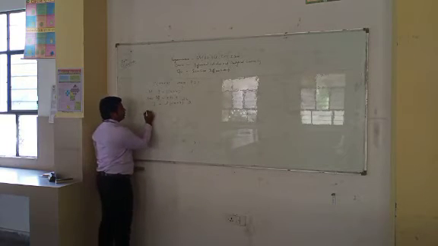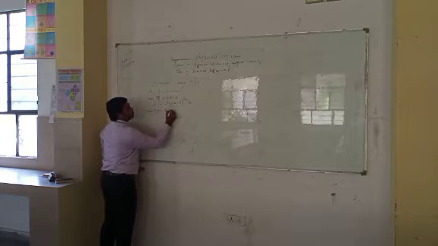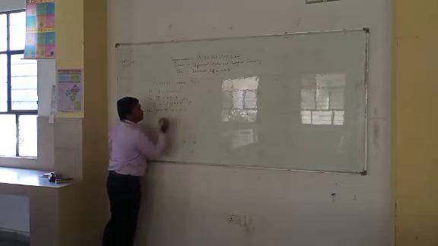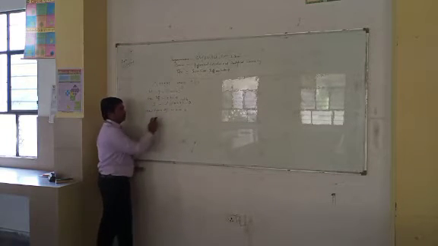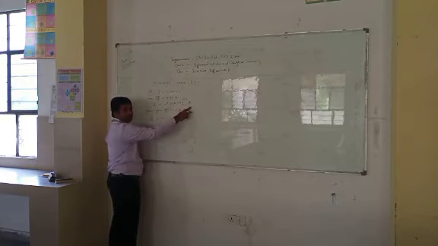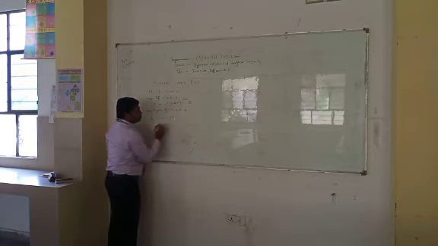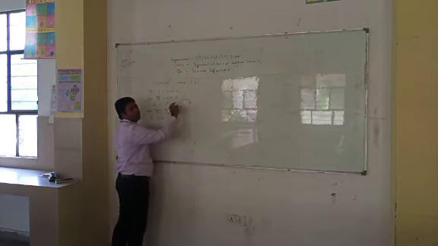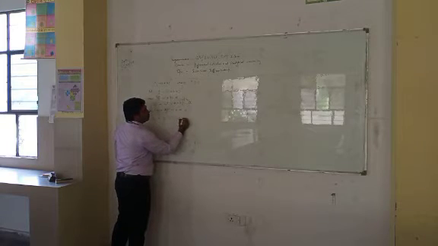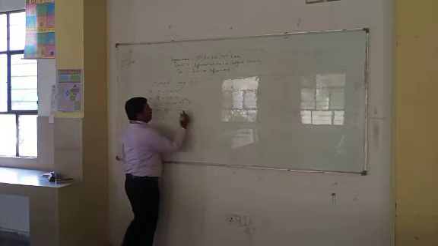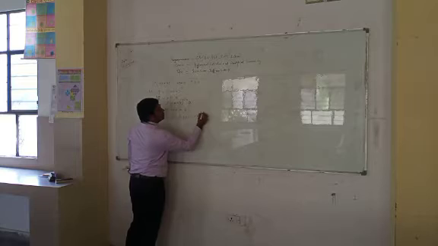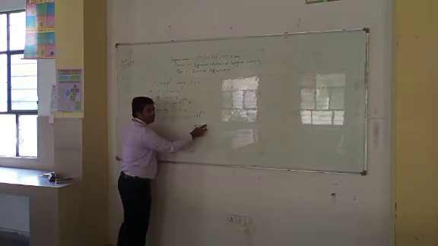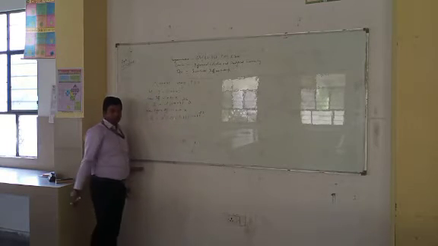Now again differentiating with respect to x, then y2 is equal to, this is a constant, minus p is also constant, and using x to the power n, this is minus 1 minus p, and (ax plus b) to the power minus p minus 2 into a, means a square.